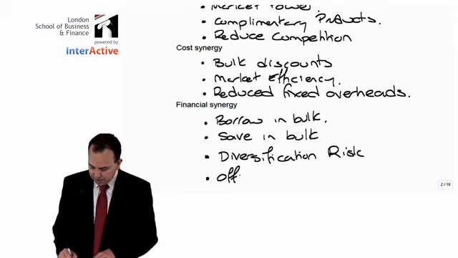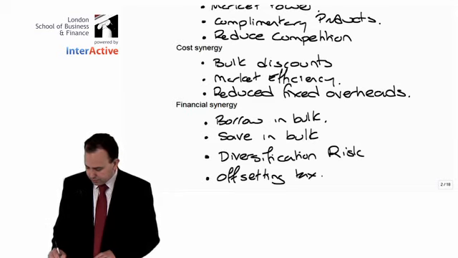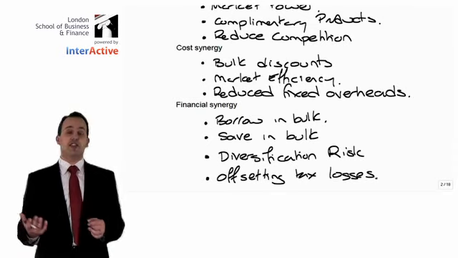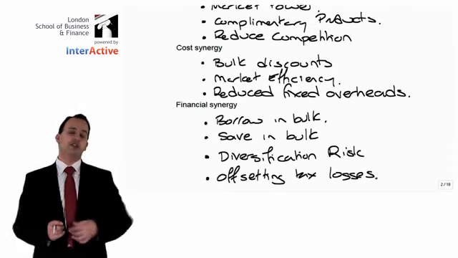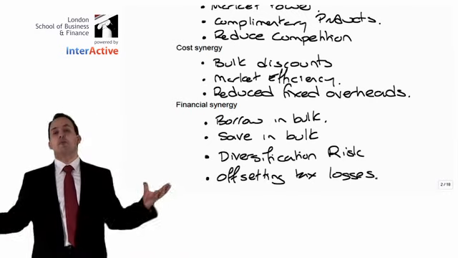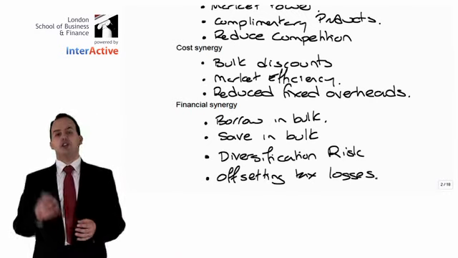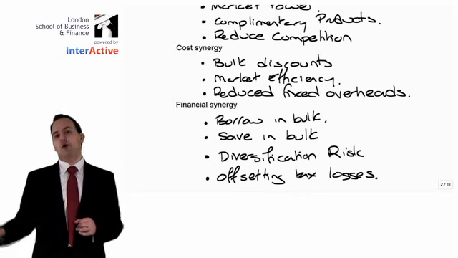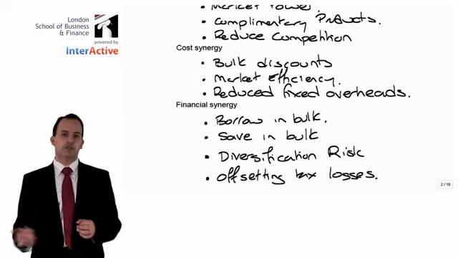There could also be the benefit of offsetting tax losses. If one company has a tax loss that they can't offset against any profits, whereas the other company has tax to pay on their profits, by merging the two together, you can claim the full benefit of those tax savings immediately, as opposed to waiting for future profits to do so.